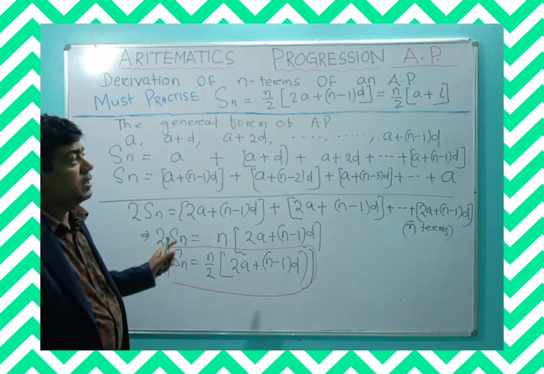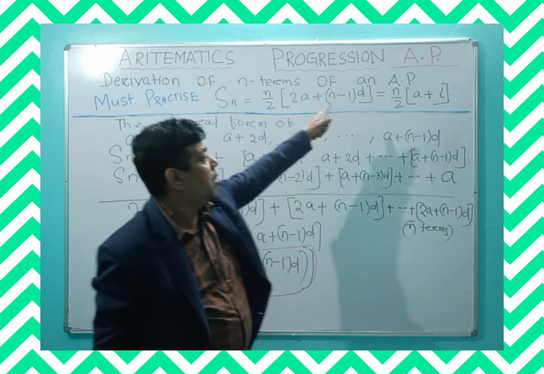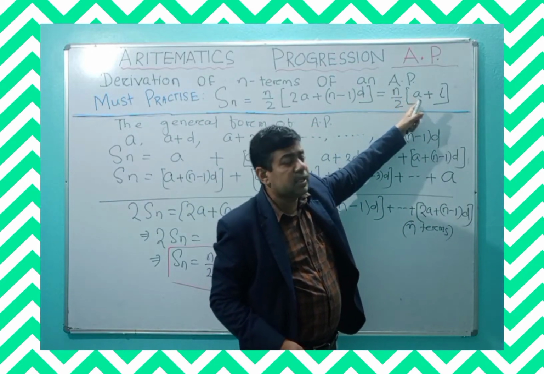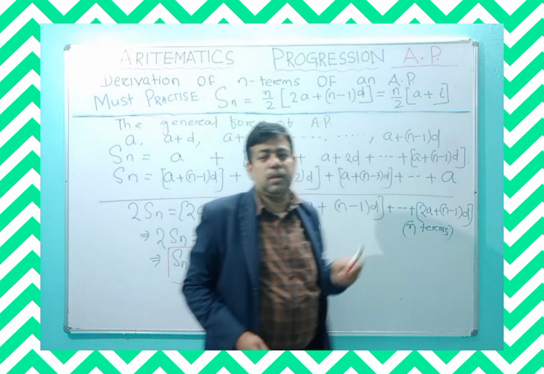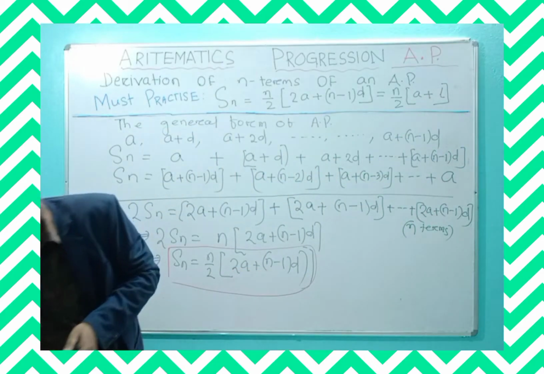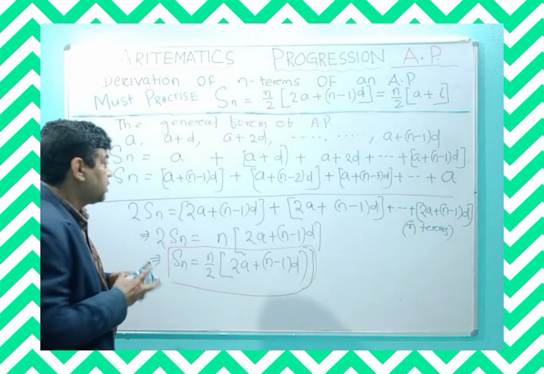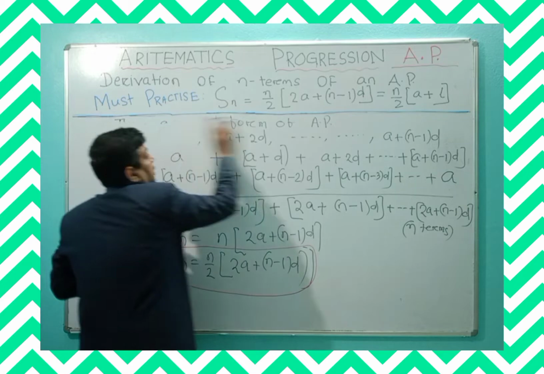Let us modify this statement. You have to write Sn is equal to n by 2 whole into a plus l. It means if the number of terms is given, the first term is given and the last term l is given, we can also find the sum of n terms. Note down, all of you. Is it clear? Shall we proceed? Okay. Let's see.